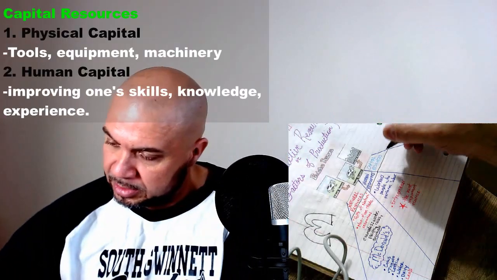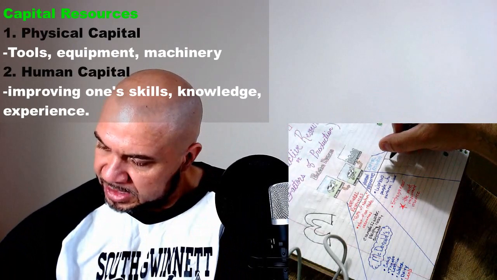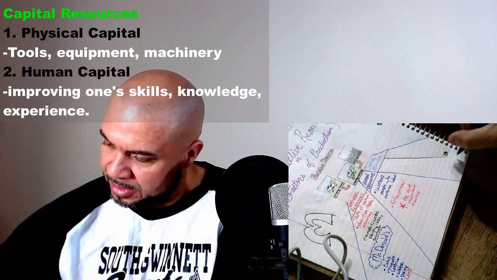We have capital resources. Now, with capital resources, it's broken down into two categories. There's two types of capital resources. So I'm going to make a little split here for this one.